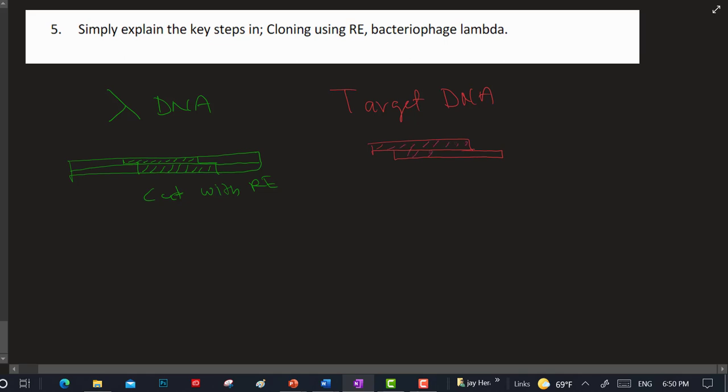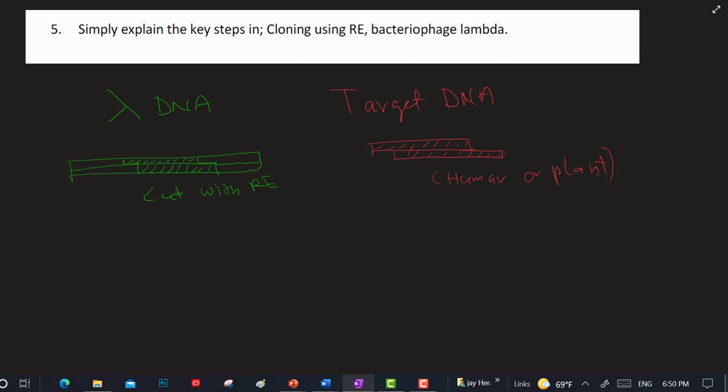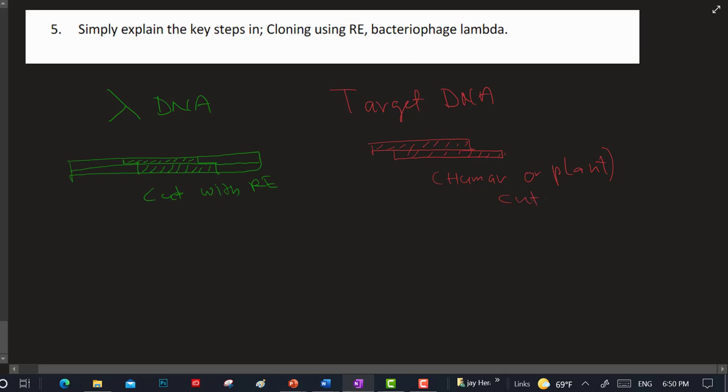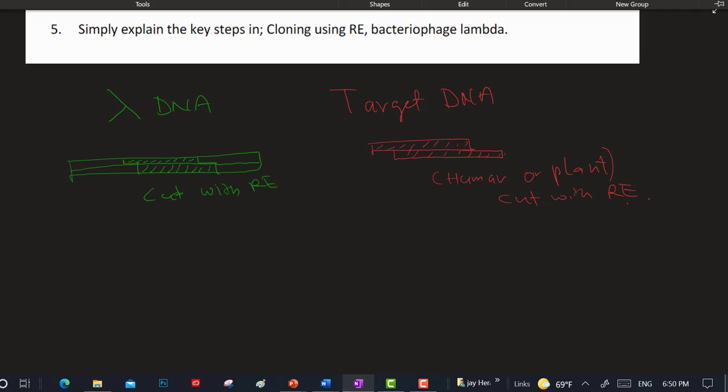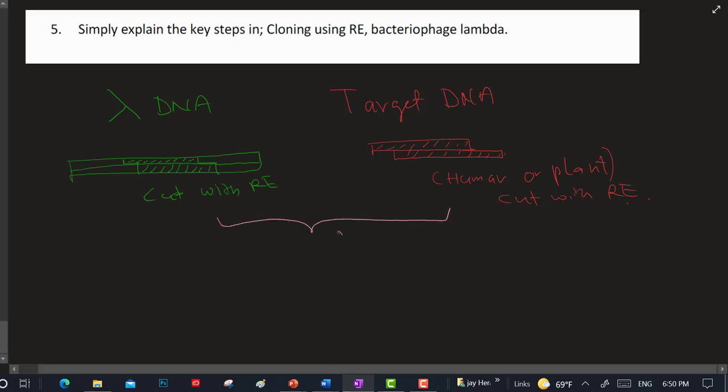Now we have, let's say, human DNA or plant DNA, something special that we need to incorporate. That's the target DNA, right? That one is also ready with the sticky ends. We cut with the particular restriction enzymes, and now we are good to put together the two Lego puzzles, right? So you can combine them and ligate them, and then we can create the chimeric DNA, right?